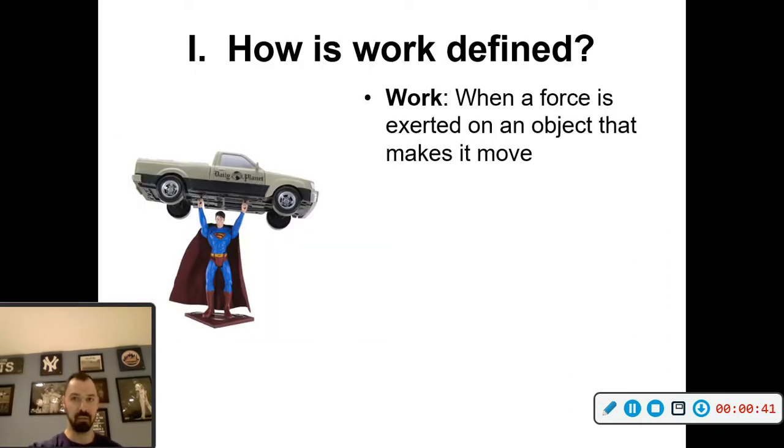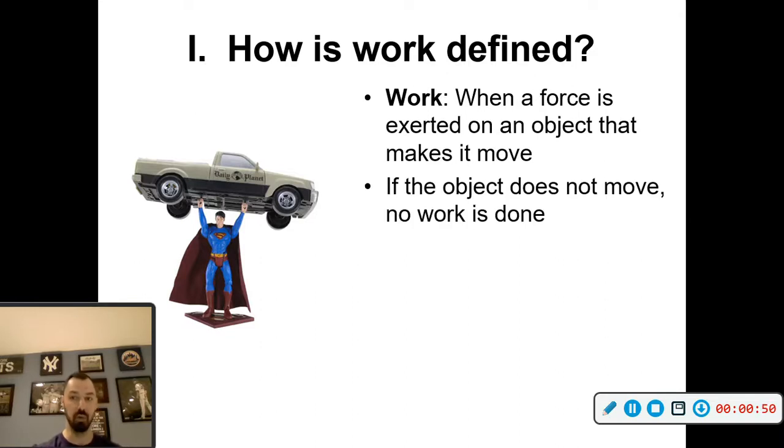Work is basically when force is exerted on an object and that object moves. So you actually have to have the object move for work to be done. If the object does not move, the work will be zero. So if you push on a car, as an example, and it doesn't move, you've done no work.